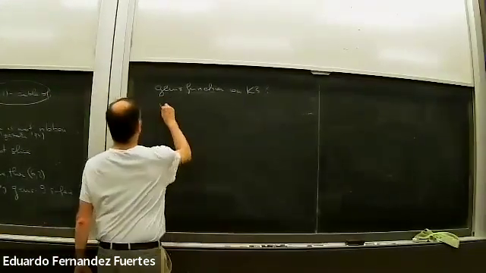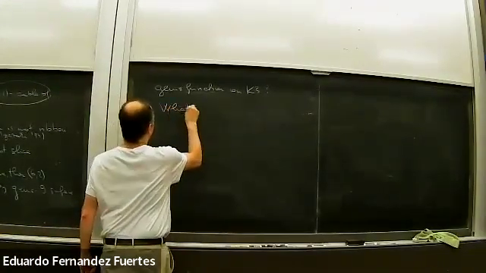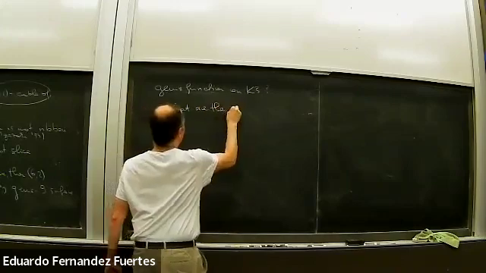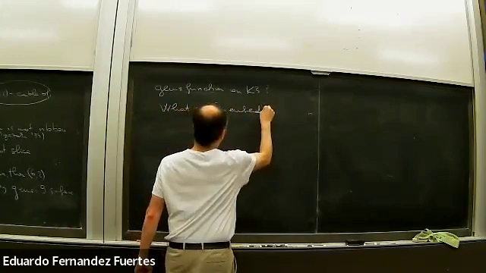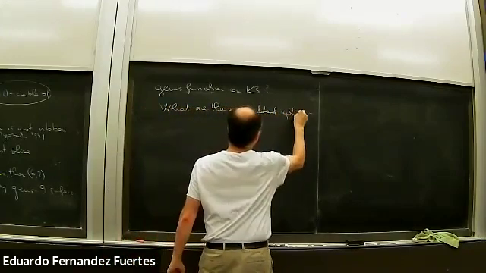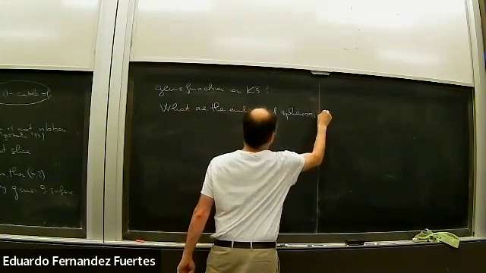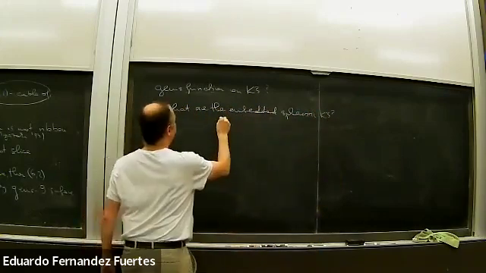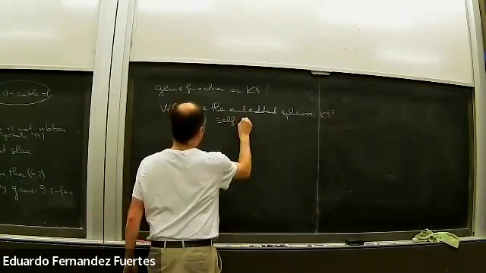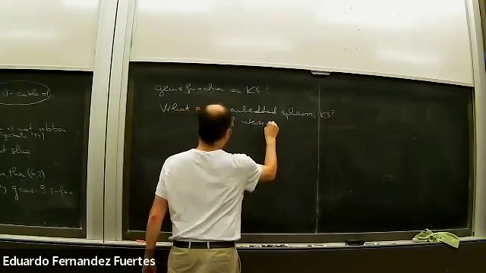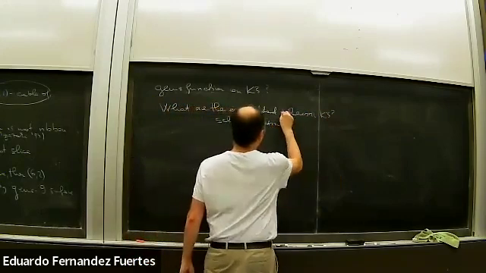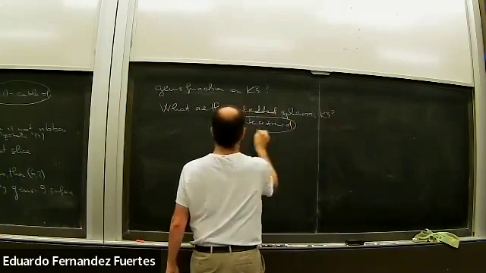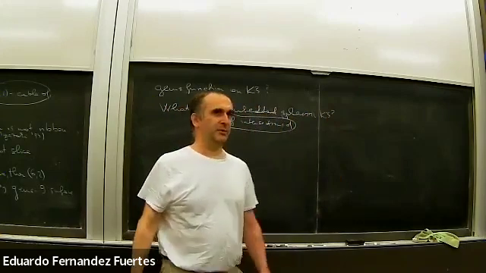What are the spheres in K3? Or let's simplify that. What are the self-intersections of embedded spheres? Just the numbers.